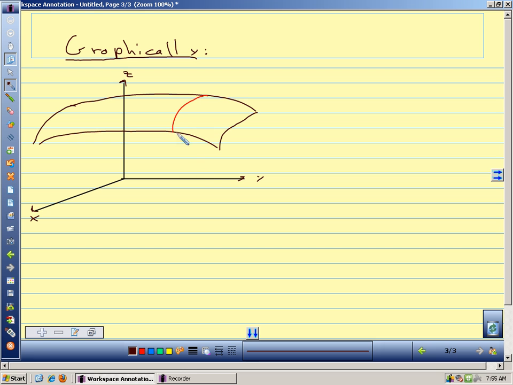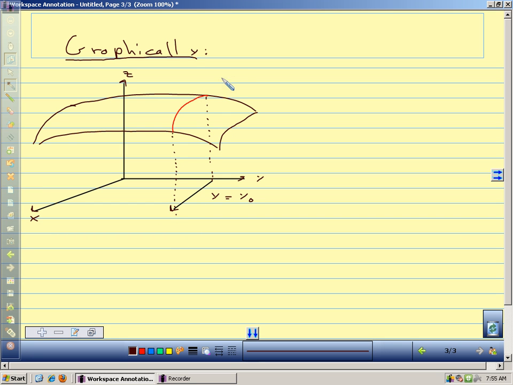And this, if I project this down onto my plane, this is some y equals y0. Some line y equals y0.